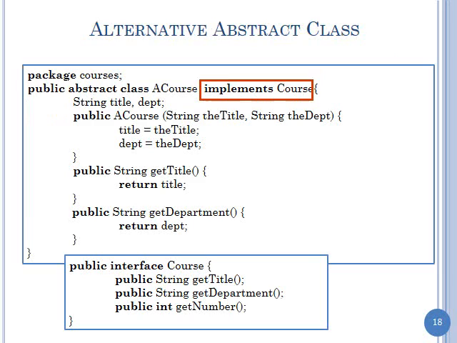And I could have done this now. Okay? And I could have said a course implements course, but course has a get number in it, and there is no get number method in here. So is this even legal? You guys have been itching to do this, but does this make sense?